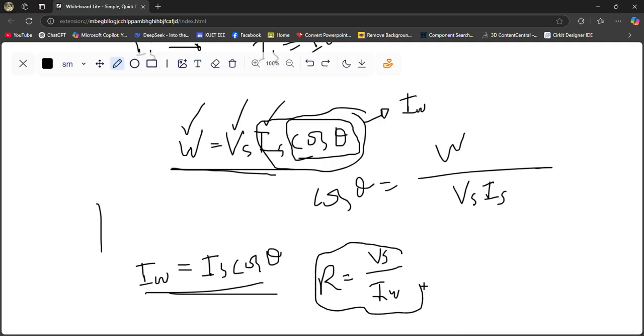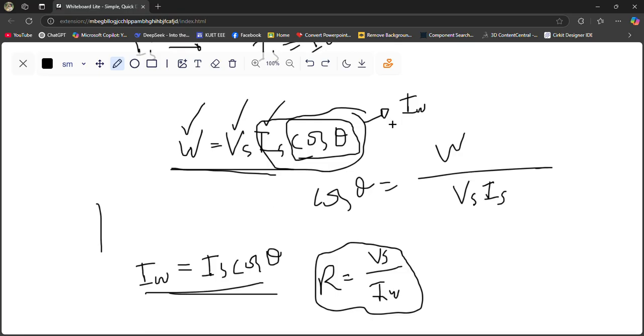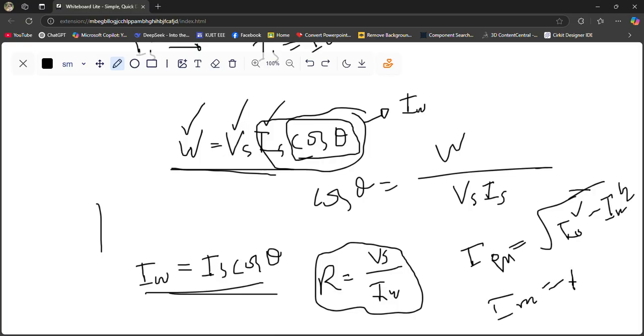Quite easy, right? Then we can get Im easily, like Im equals the square root of I naught squared minus Iw squared, or Im is equal to Is sin theta.